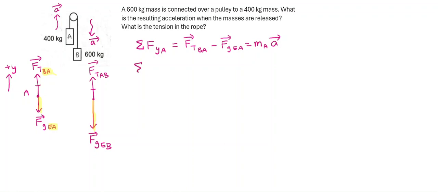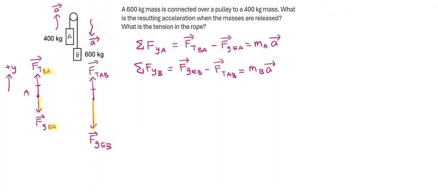That's the first equation. The second one is for object B. This time it's going to be the gravity force minus tension force, because since the object is accelerating downwards, the gravitational force is stronger than tension.